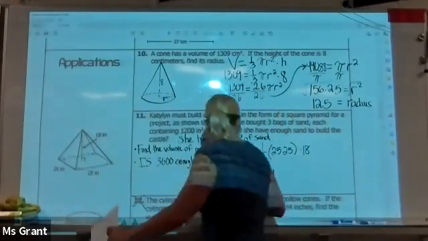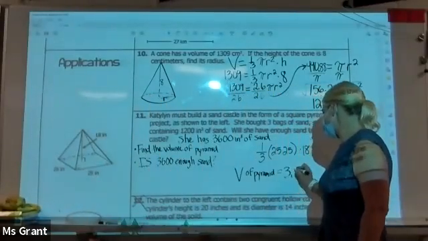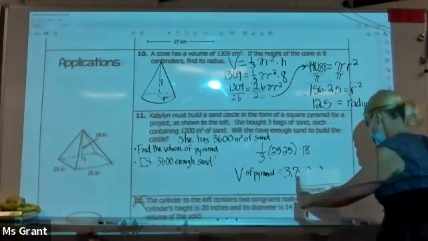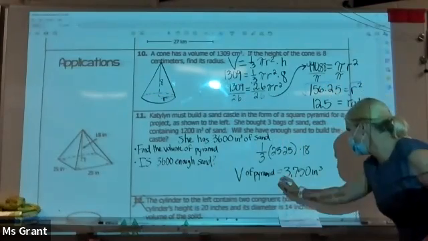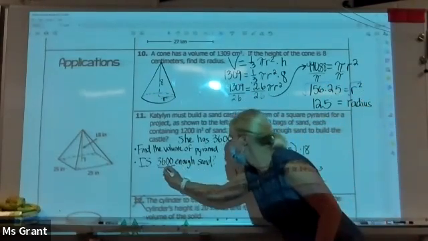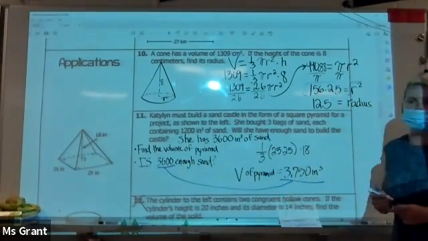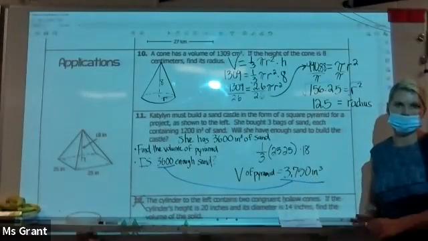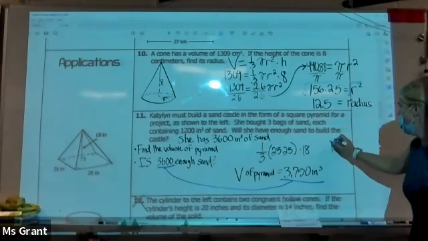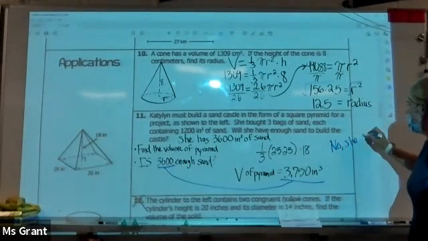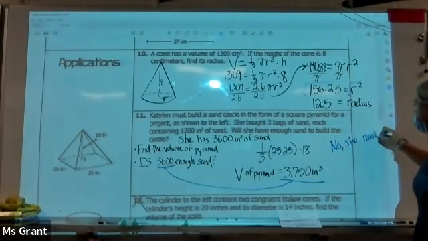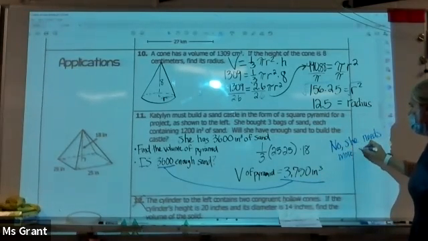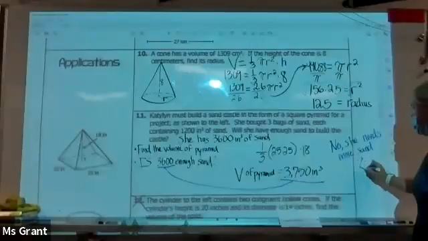So the volume of the pyramid is 3,750 inches cubed. Is 3,600 enough sand for this 3,750? No, she needs more sand, or she doesn't have enough sand, however you want to say it. Okay?